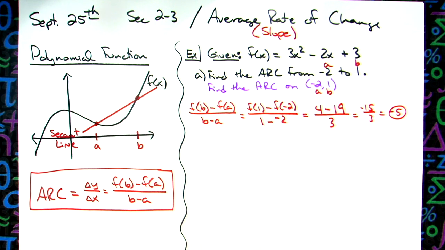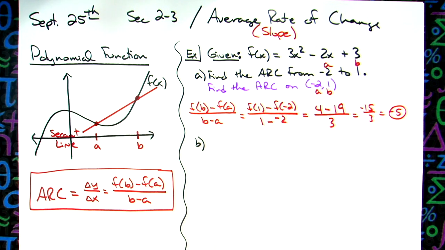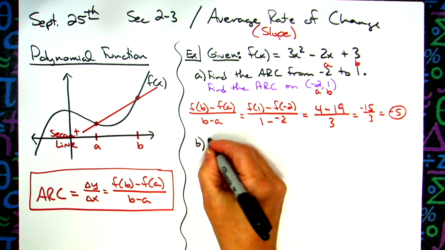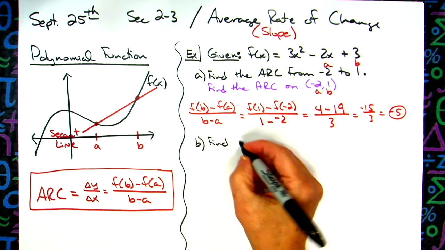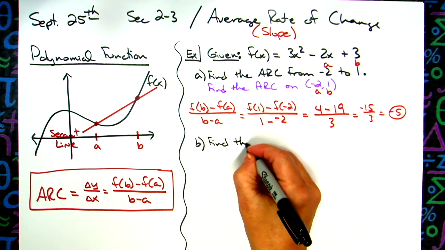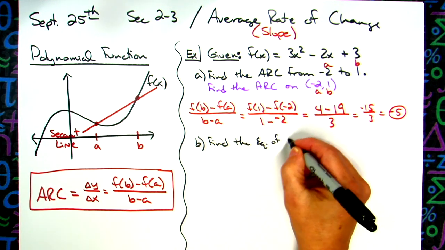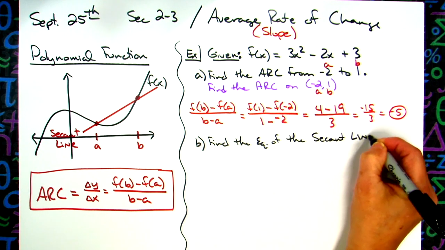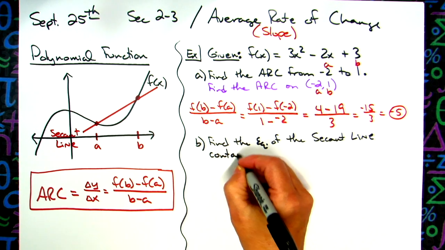All right, now after that, because they want you to conceptually see if you understand that, then part B, they're going to ask you to write the equation of the secant line. All right, so we know the slope, so if we can come up with a point on the line, then we're going to be good. So it might say something like, find the equation, I'm going to abbreviate here, of the secant line containing, and they're going to give you a couple points.